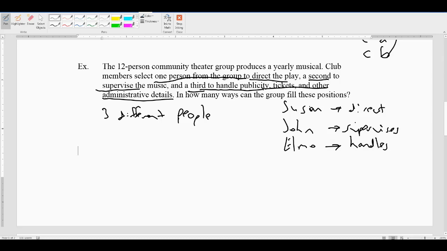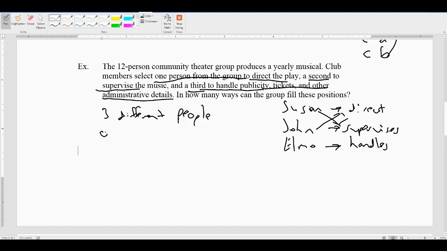But then the second day, Susan may be the person that supervises, and John may be the person that directs, and Elmo handles. That's a different ordering. See that? Different situation. And then another day, Elmo may be the one that directs, and Susan does supervising, and John does handling. So there's all kinds of possible arrangements here.